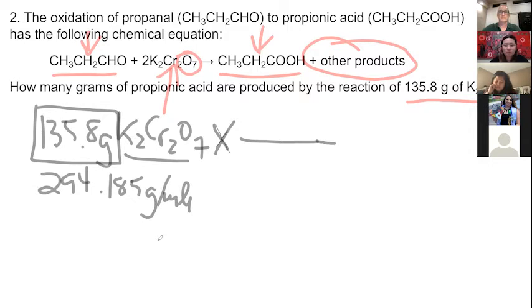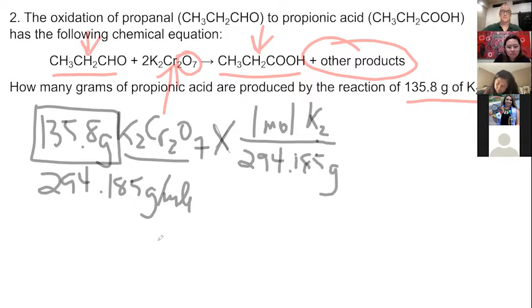You're going to divide it by the 294. I never divide. Never, ever divide. What do I put on the top? Moles, yes. I never divide because then I get into trouble with my units. So I'm just going to call that K2Cr2O7, and my molar mass, 294.185 grams. That gets rid of my grams, and I'm left with moles.